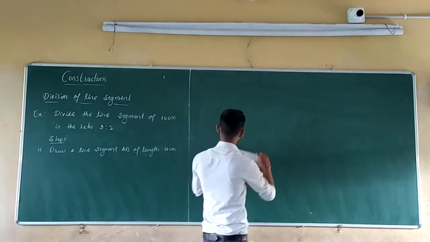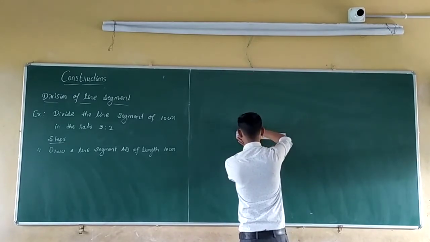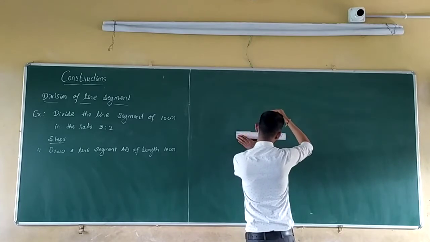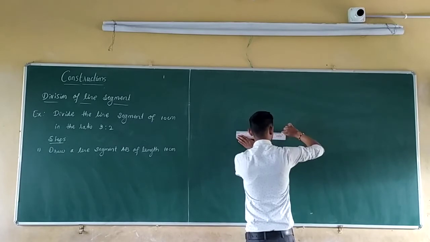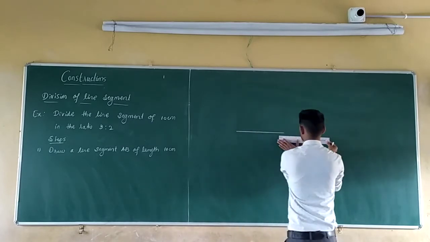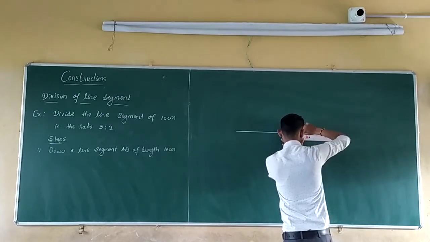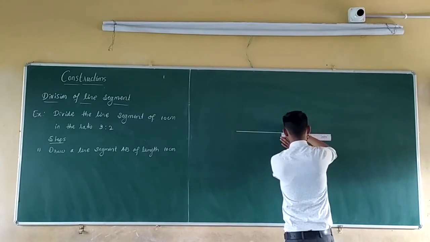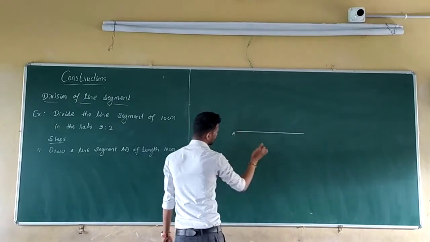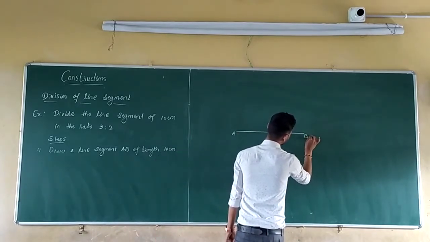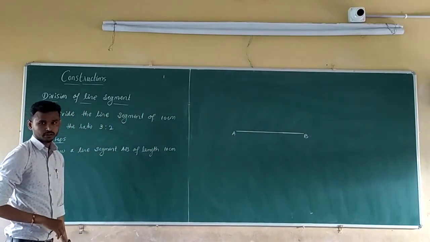So draw the line segment first. Okay, it is a line segment AB of length how much? 10 centimeter.